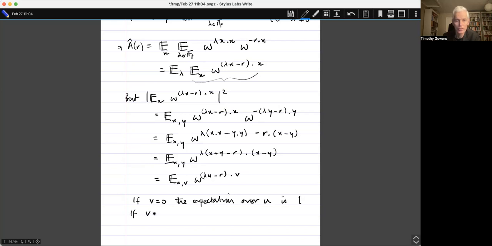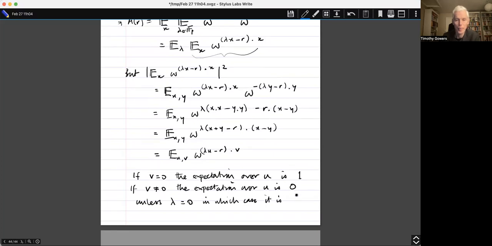If v does not equal 0, the expectation over u is 0 unless lambda equals 0, in which case it is omega to the minus r dot v. Yeah, I think that'll do.